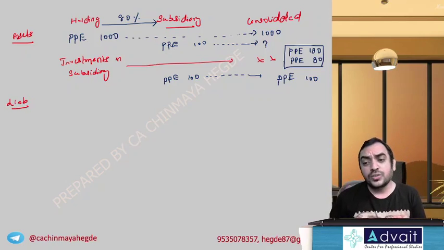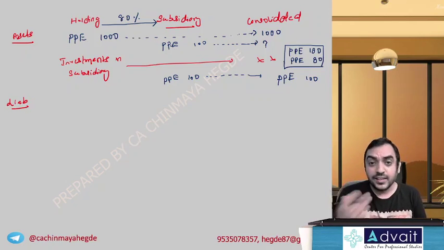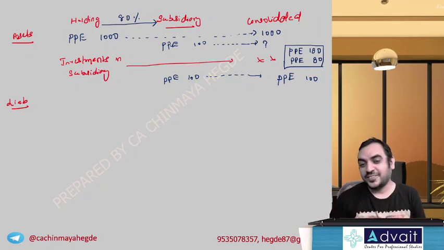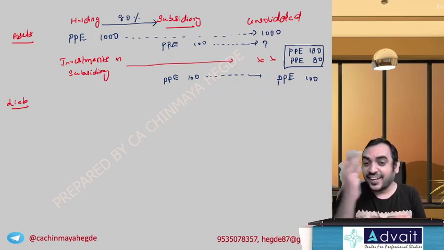But to what extent do you think it's logical? What do you think is the base? What is the reason for including entire 100?